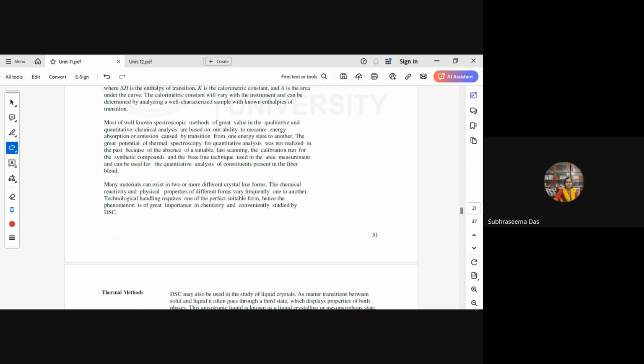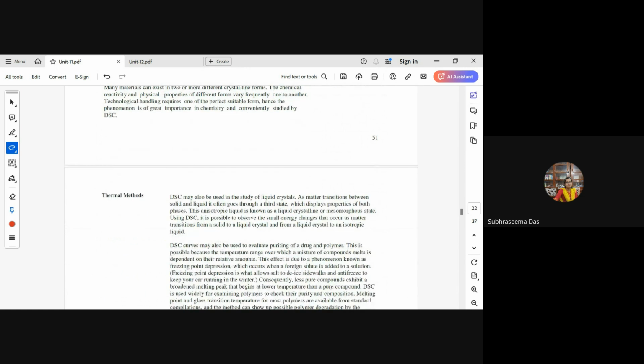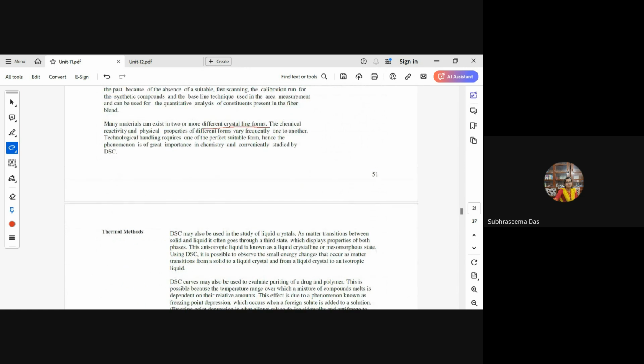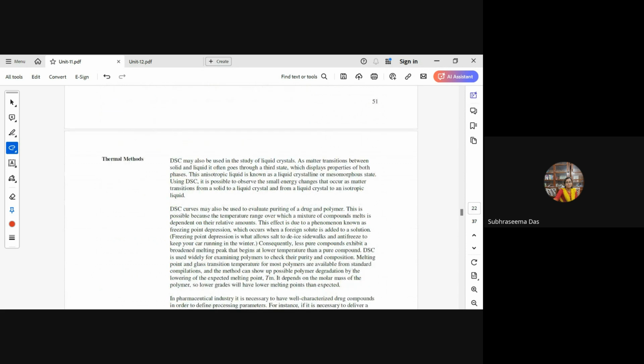This great potential has been exploited for thermal spectroscopy, and many materials can exist in more than two different crystal forms. Therefore, from DSC, by looking at the Tg and Tm, we can know the exact crystalline phase of the material.